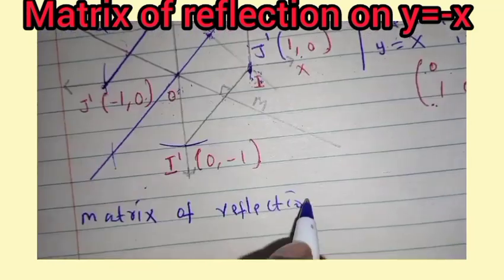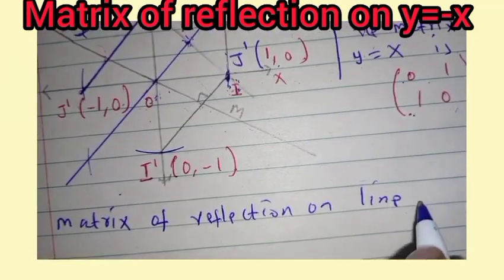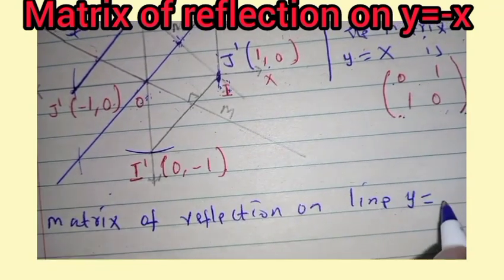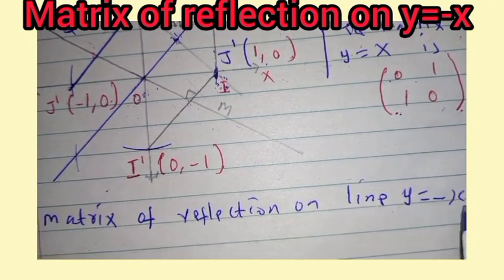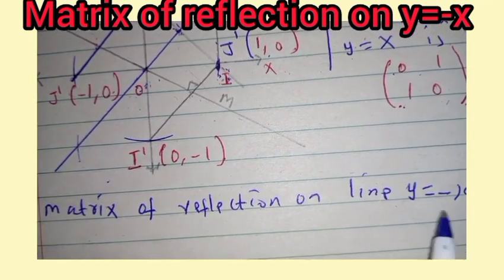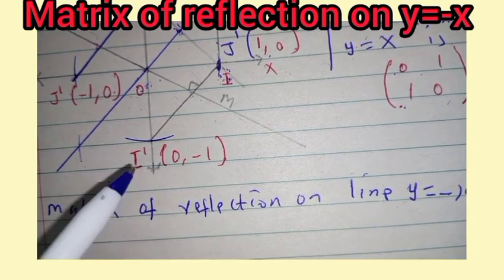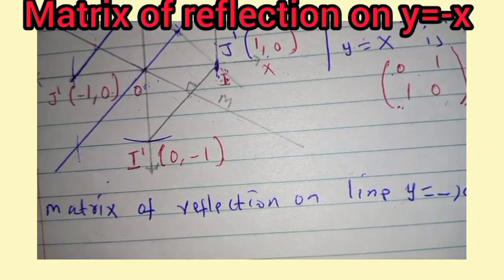So we want the matrix of reflection on line y is equal to -x. Now it is very simple. So we start with the I all the time.